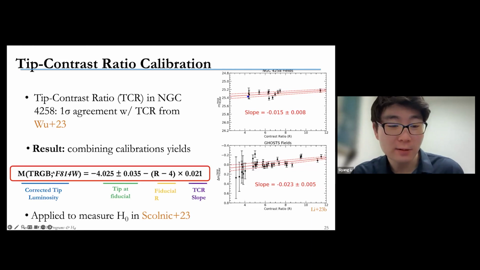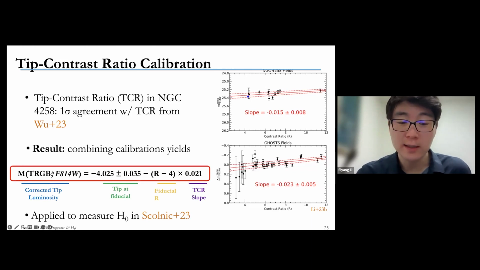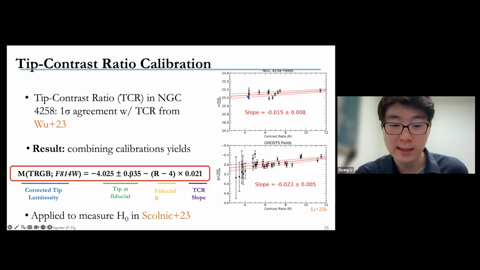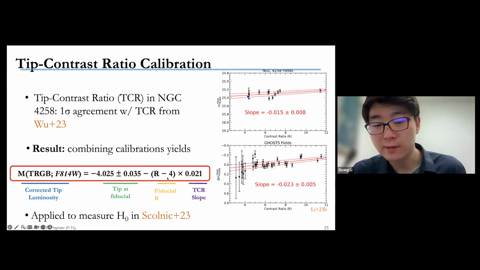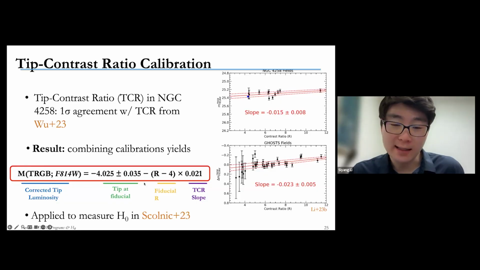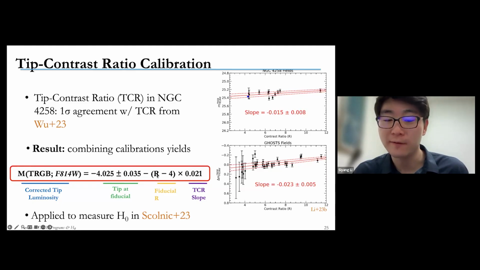Essentially, we can calibrate the TRGB capital M, the intrinsic luminosity, based on some fiducial magnitude, in this case, negative 4.03. But this is a function of this contrast ratio. So at contrast ratio 4, we have this fiducial TRGB. But if you have a galaxy that yields underlying data where you have a TRGB measurement with a contrast ratio R, maybe 5 or 3, you can then correct for that using this relation here.